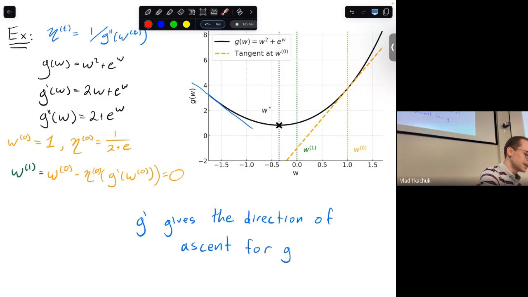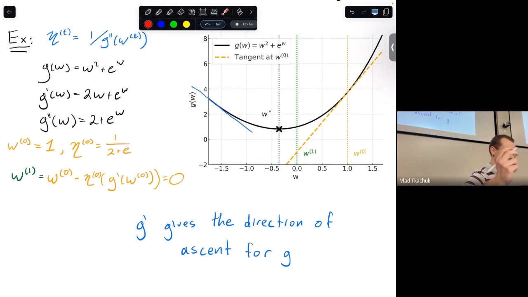In this 1D case, G prime is just positive or negative; in multiple dimensions, there will be positive and negative in all the different directions. But this gives you the direction in which to ascend the function. Basically, if I go in that positive or negative direction, it gives me the direction to go to increase the value of the function.